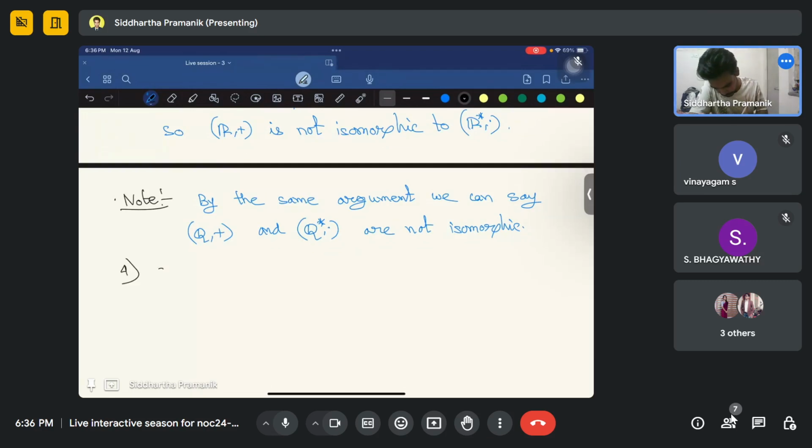So that the group Q plus, comma, dot, meaning the positive rational numbers under multiplication, is isomorphic to a proper subgroup of itself.